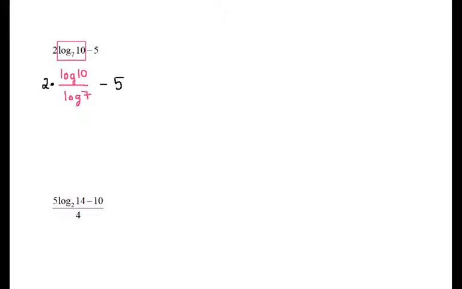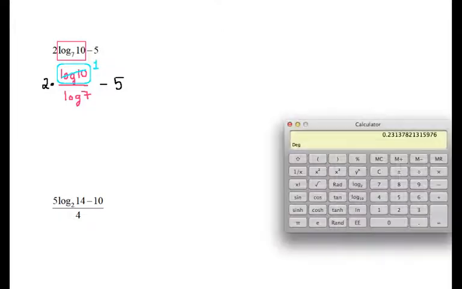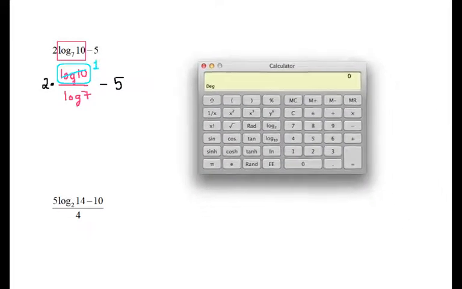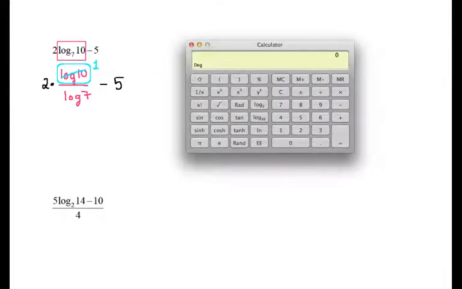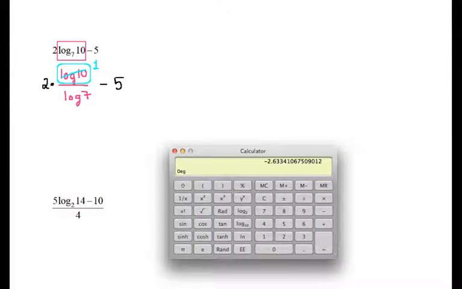So I would bring in the calculator pretty much at this point, although I might also notice that the log of 10 is something that I can evaluate. So I don't have to make the calculator do this. That's simply equal to 1, the log to base 10 of 10. So bringing the calculator in, I can then just say 2 times 1 has no effect, divided by the log of 7, and then subtract off the 5 at the very end to get negative 2.633.